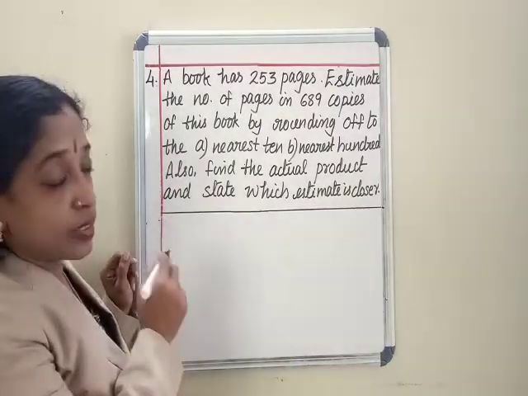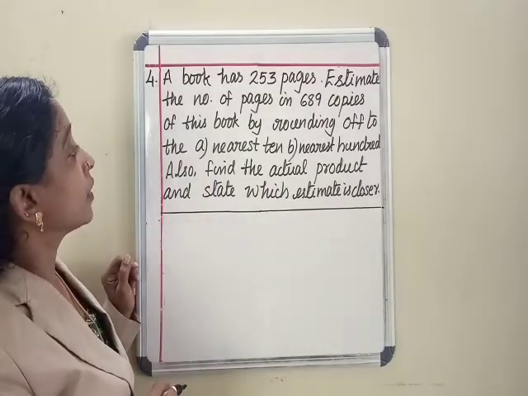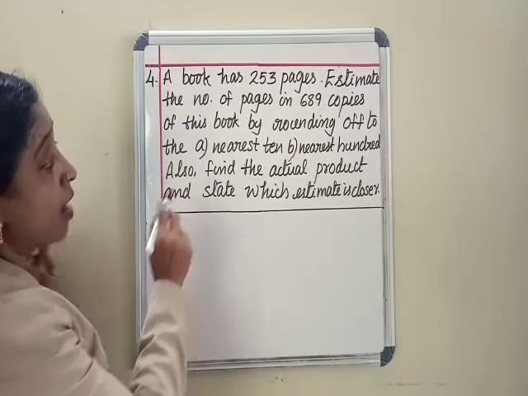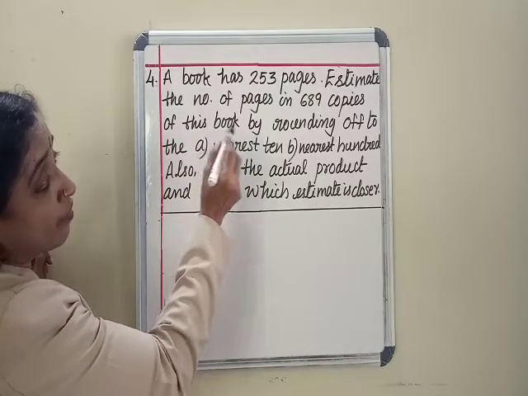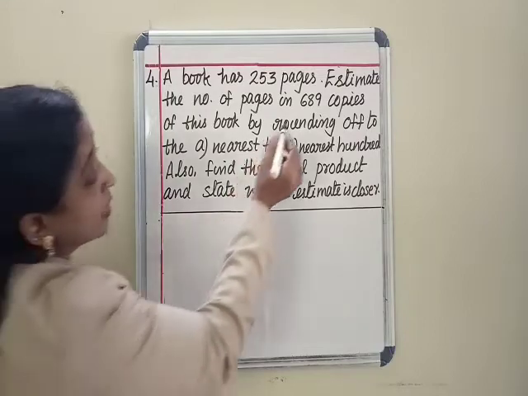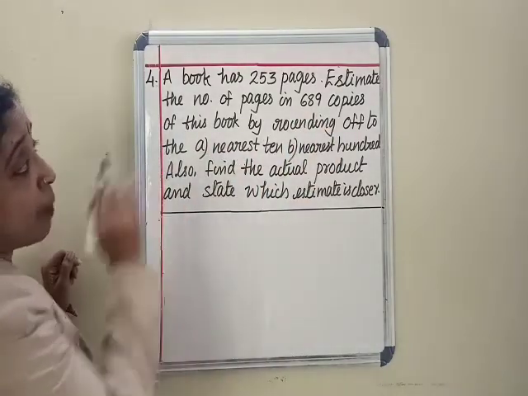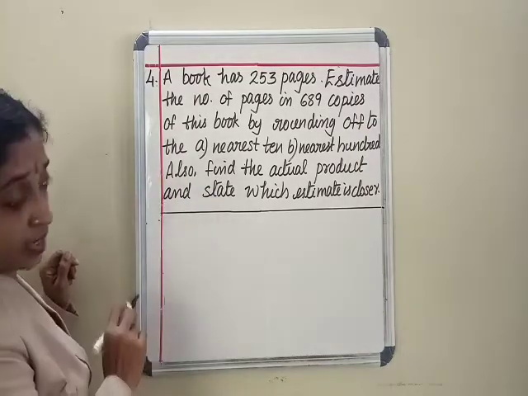So please copy down, take a new page and copy down the question. What is the number of pages of a book? 253 pages.